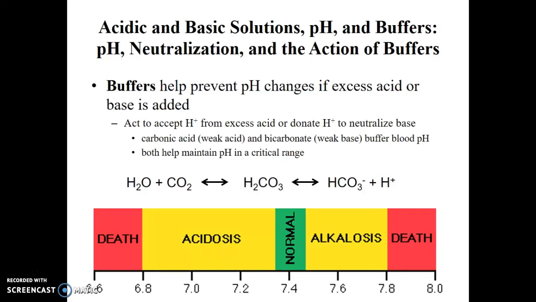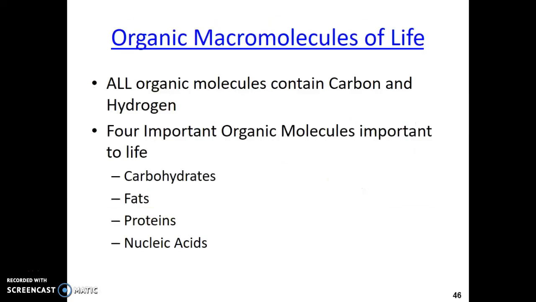And carbonic acid is a weaker acid. And that can help to maintain the blood pH. We'll talk a lot more about this next semester when we're in the urinary system and the respiratory system, because those are our two main buffer systems for maintaining blood pH.